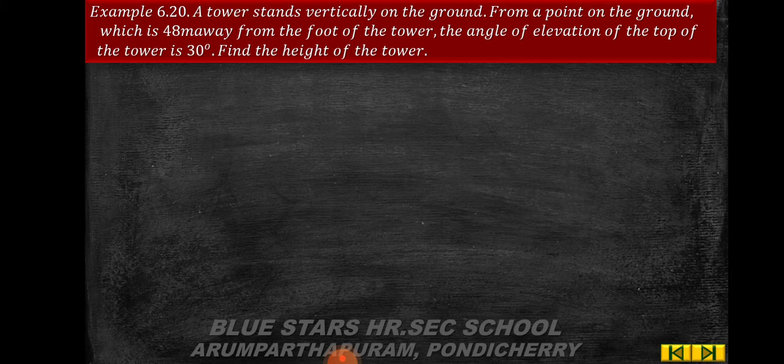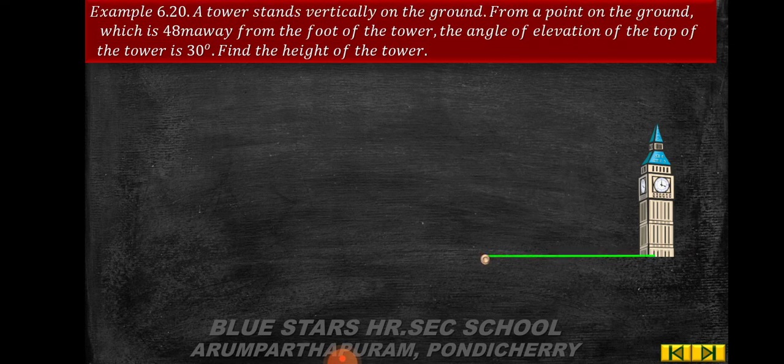A tower stands vertically on the ground. From a point on the ground which is 48 meter away from the foot of the tower, the angle of elevation of the top of the tower is 30 degree. You have to find the height of the tower. Imagine this is a tower. Then there is one line from the ground.